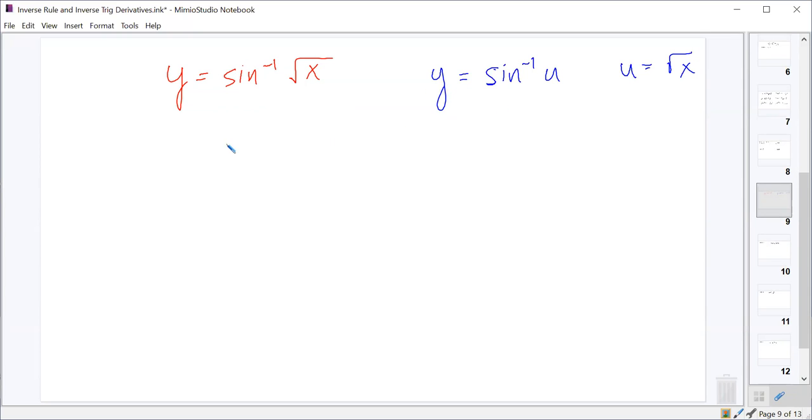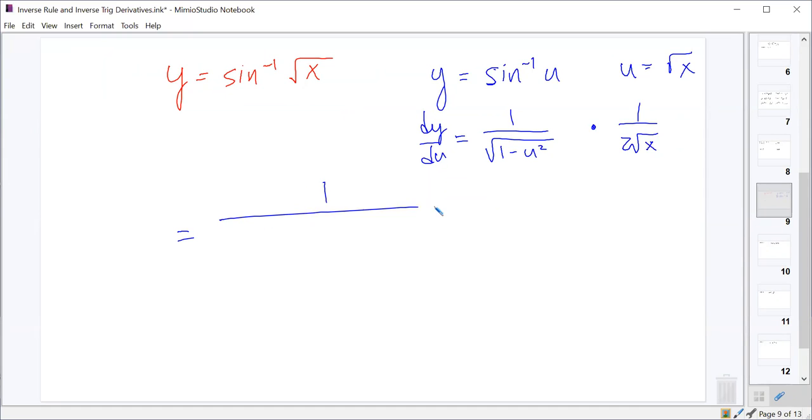The derivative with respect to u of y, dy du, is just 1 over root 1 minus u squared, and then we got to multiply it by the derivative of u. And what's the derivative of u? 1 over 2 root x. So we're just going to multiply these things together.